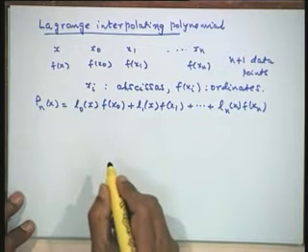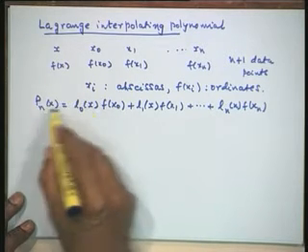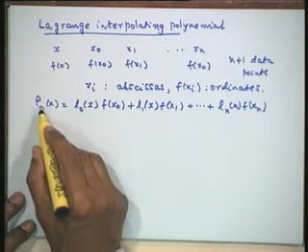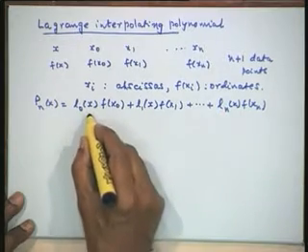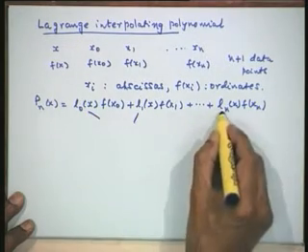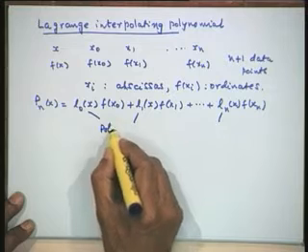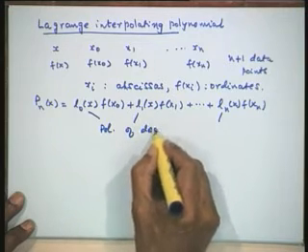Then we have mentioned that since P n x is a polynomial of degree n, all L i x should also be polynomials of degree n. Therefore, these are all polynomials of degree n.